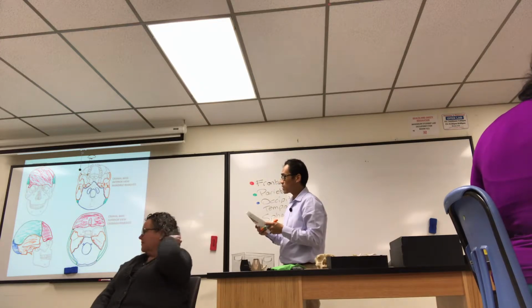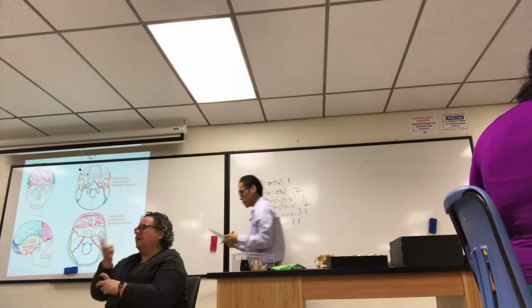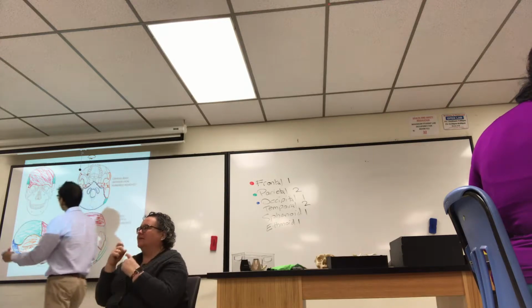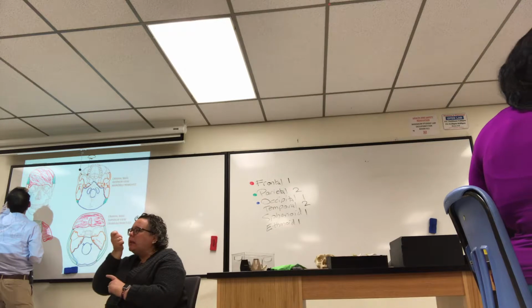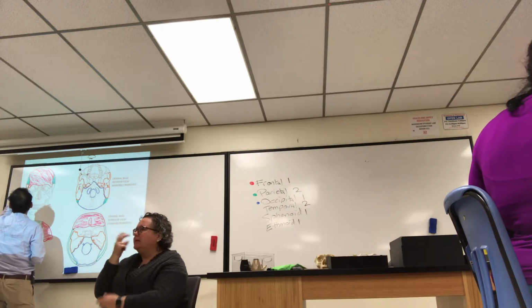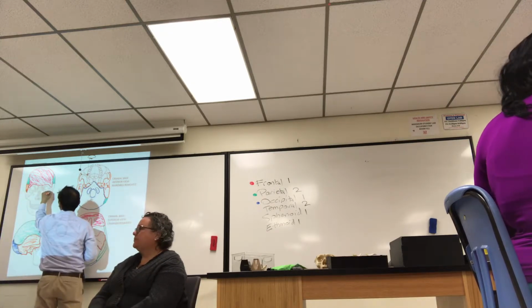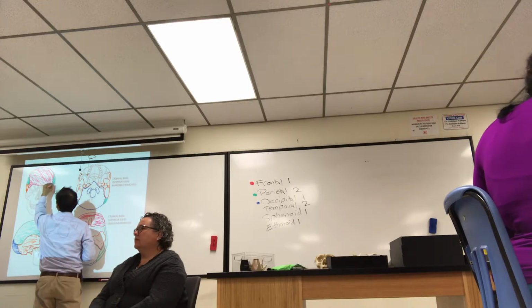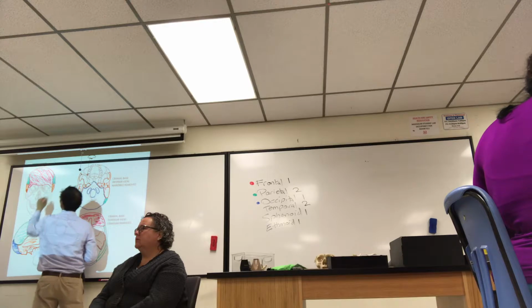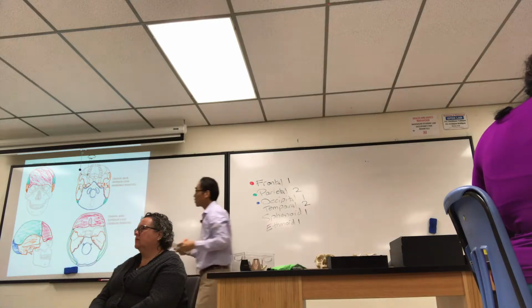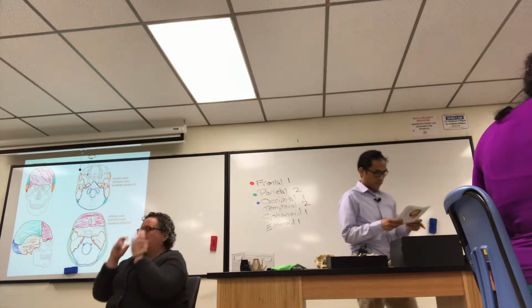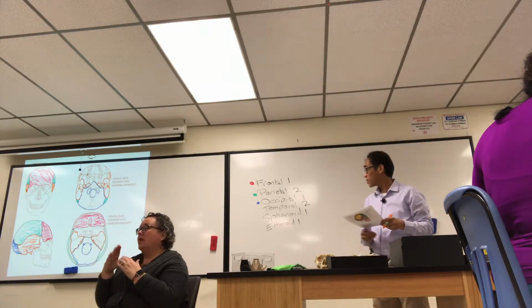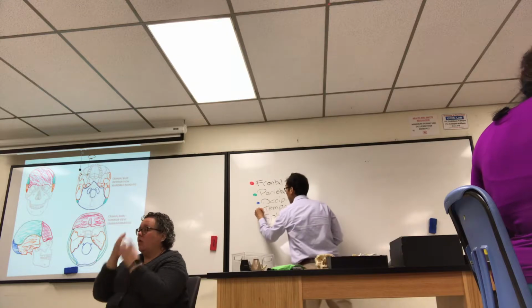From the front view, it's kind of hard to see the side of your skull, but you see it a little bit right here. And on this side. So that's the temporal bones. Got two of them. They're the sides of your skull. So I used orange for that.